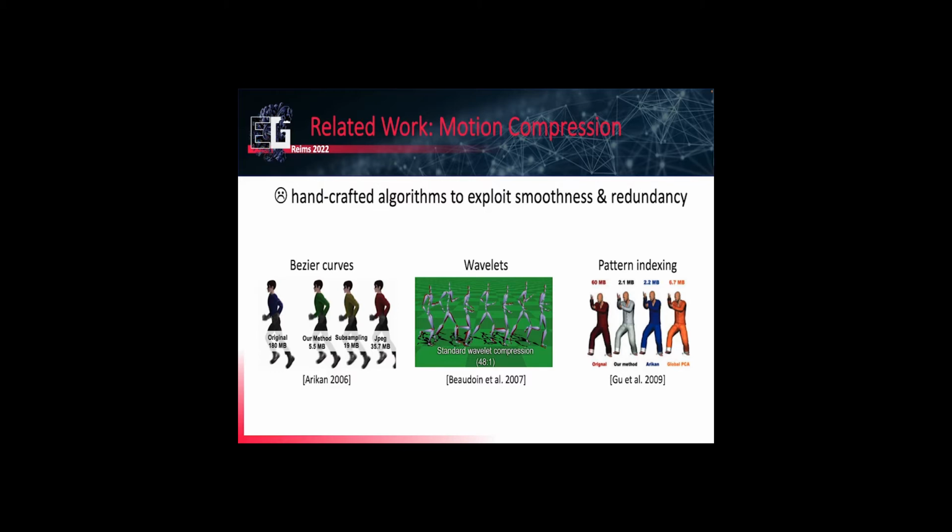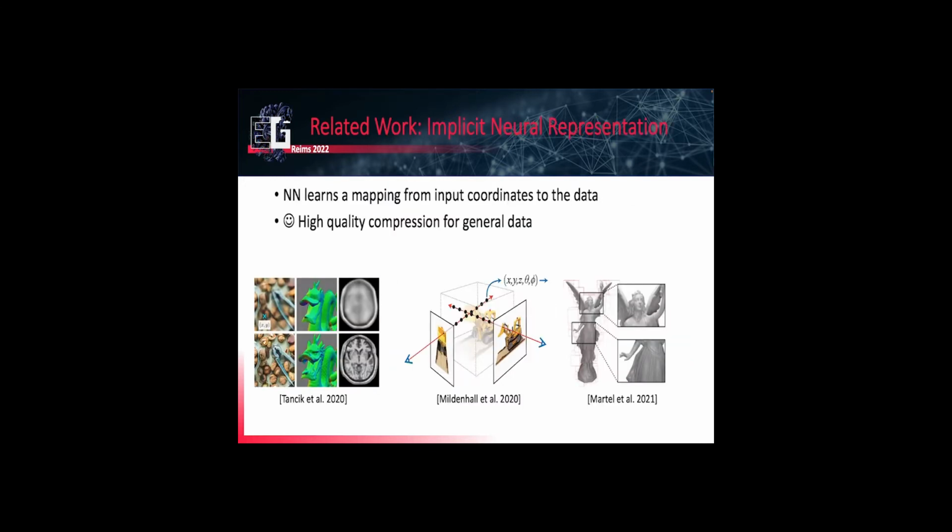There are many works for compressing motion sequences. However, previous techniques require handcrafted algorithms to exploit smoothness and redundancy in the natural motion. In contrast, neural networks can learn important features in the data.